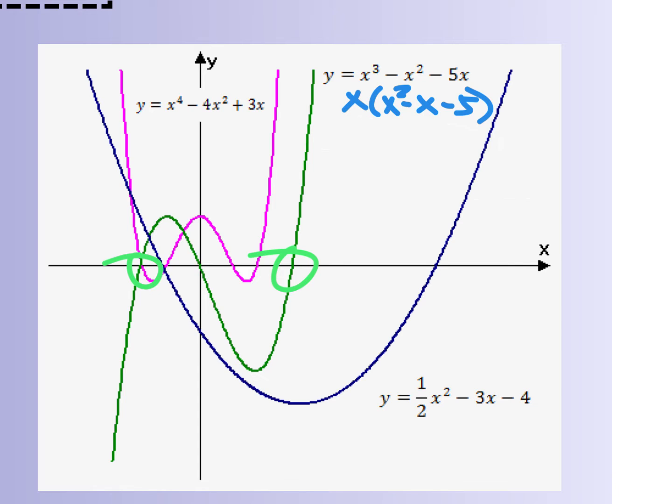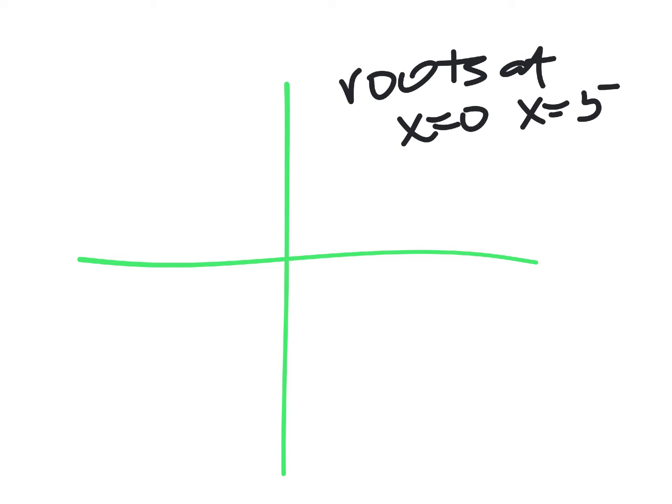All right. So here's one where I'm going to give you the clues a little nicer, okay? And I want you to draw me a graph for this scenario. It's got roots at 0 and 5. It's going down on the right. What's the equation? Now, I said it's going down on the right.